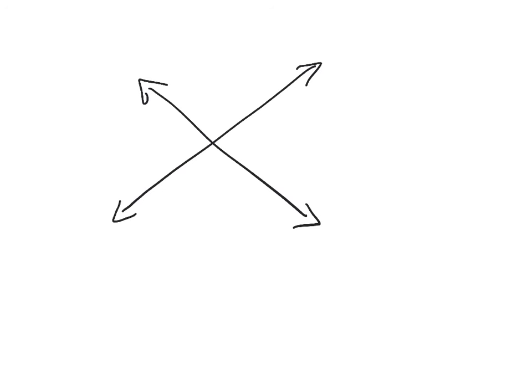So as soon as I intersect two lines here and the sides are opposite rays, I've created a vertical angle here and a vertical angle here. Now it also has vertical angles over here. So whenever you have intersecting lines here, you're going to have two pairs. You cannot have exactly one pair of vertical angles.